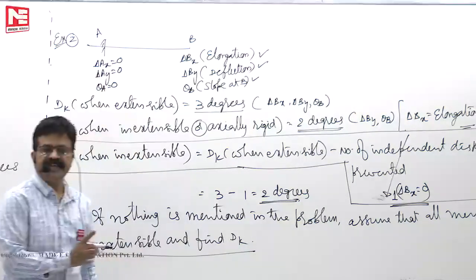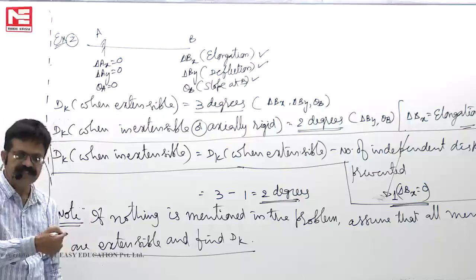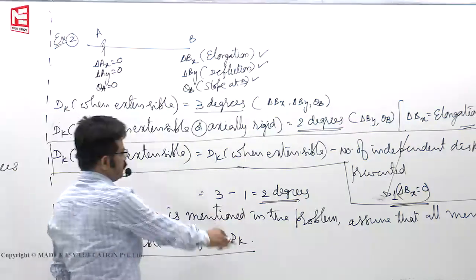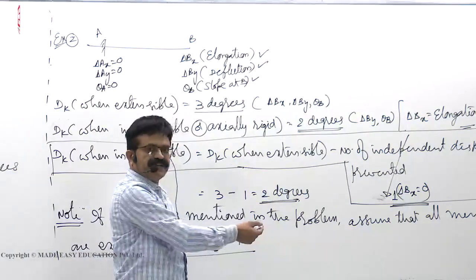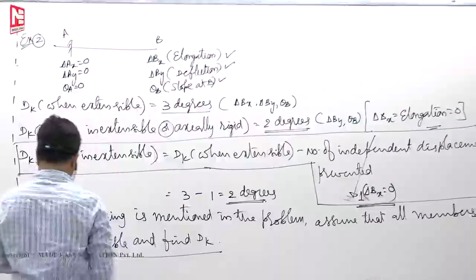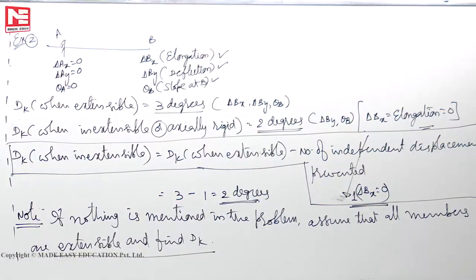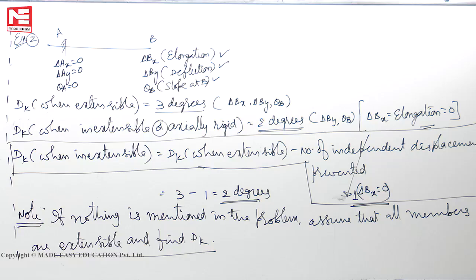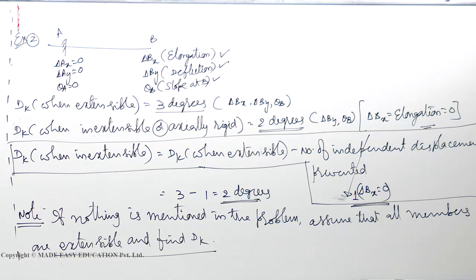First you have to assume that they are extensible, find dk. In case no option is matching, then subtract one more. Inextensible you take it, then check the result. So that is the process. Now let us see how we have to calculate in the exam.